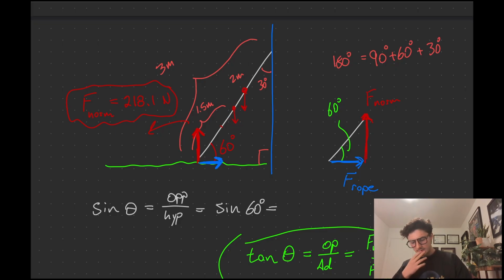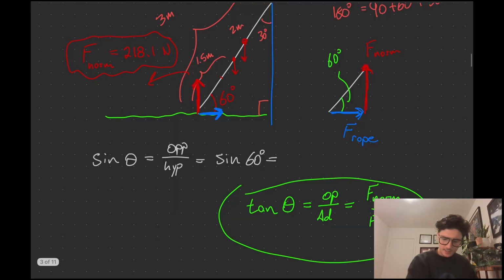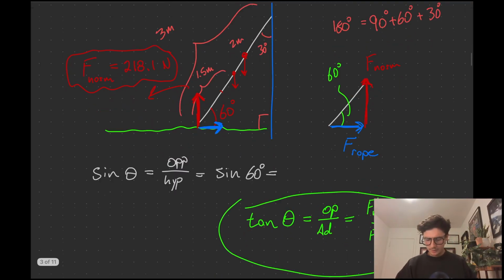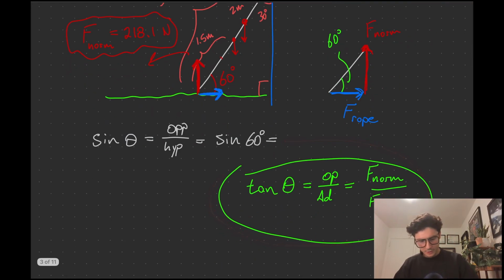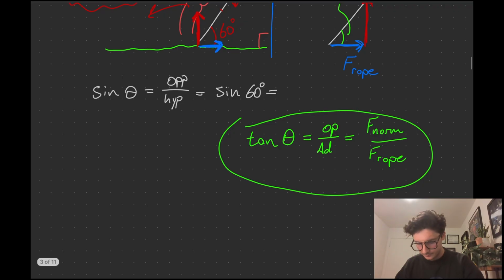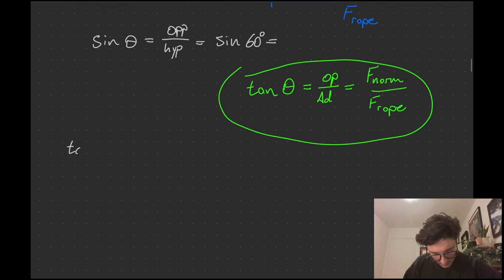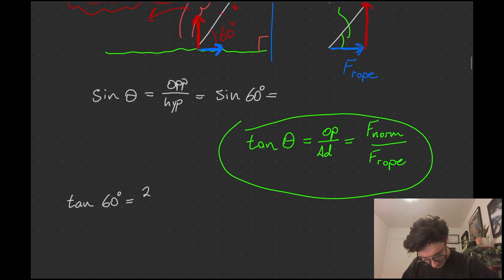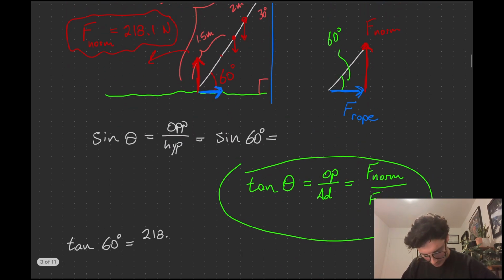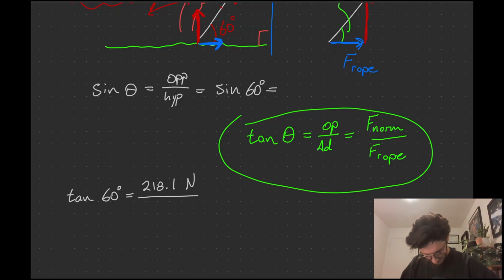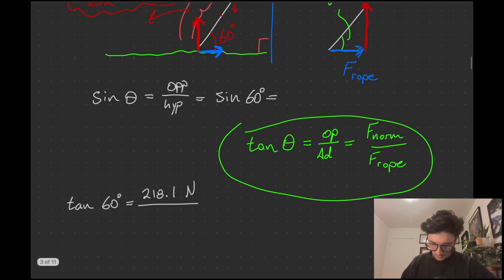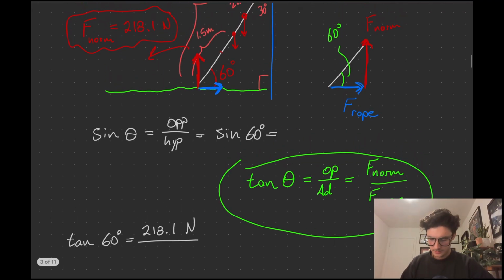You know what, guys? If I'm on the exam here and I didn't know what to do and I'm stressing for time, I would literally do this, boom, and I'm actually going to do that right now and see if I get it wrong. So we have tangent of 60 degrees is equal to F norm, which we said was 218 point. No, it's not going to work, because the next problem is going to ask us, where does the monkey go?